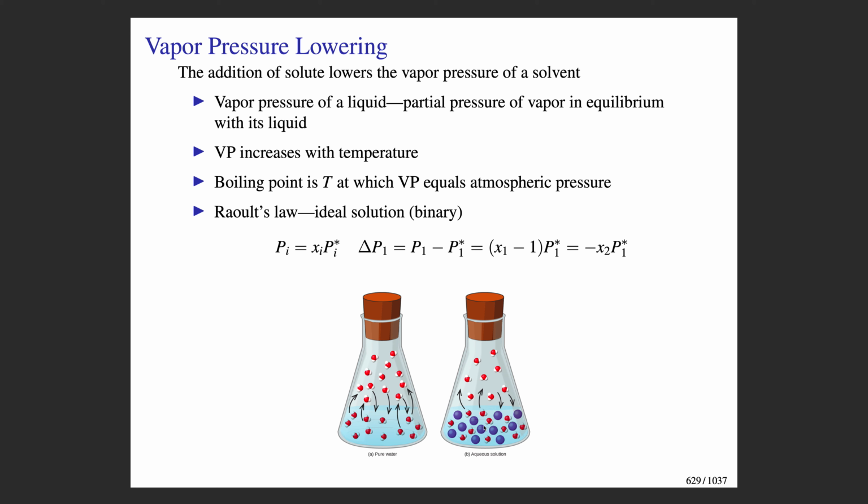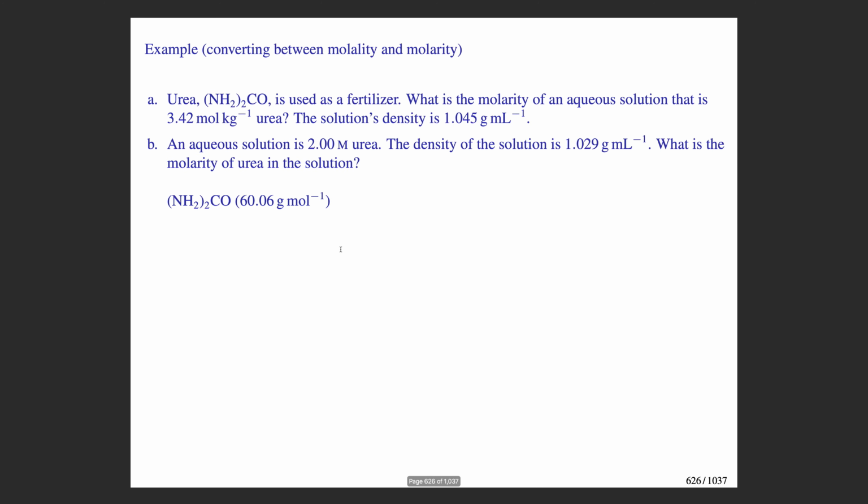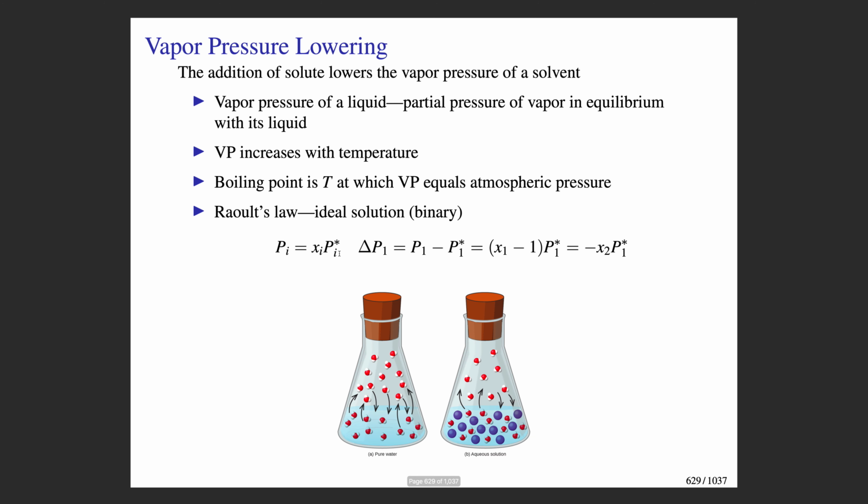Okay, so the star here denotes the vapor pressure, say, of the pure water. The pressure without the star denotes the vapor pressure of the water in the solution.